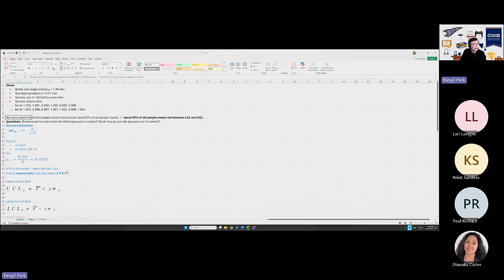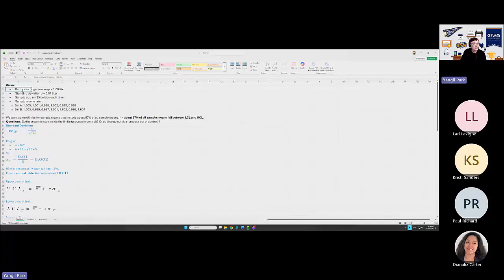So chapter 10, we had 3 problems in the assignment. The first problem is, if you recall, filling bottles, like cola bottles. So they're going to measure the quality, how accurately the test is done.